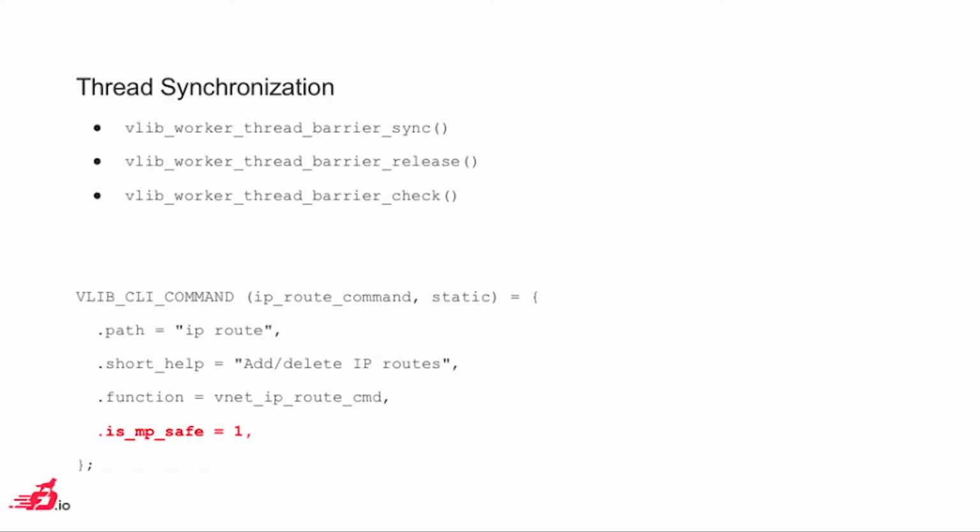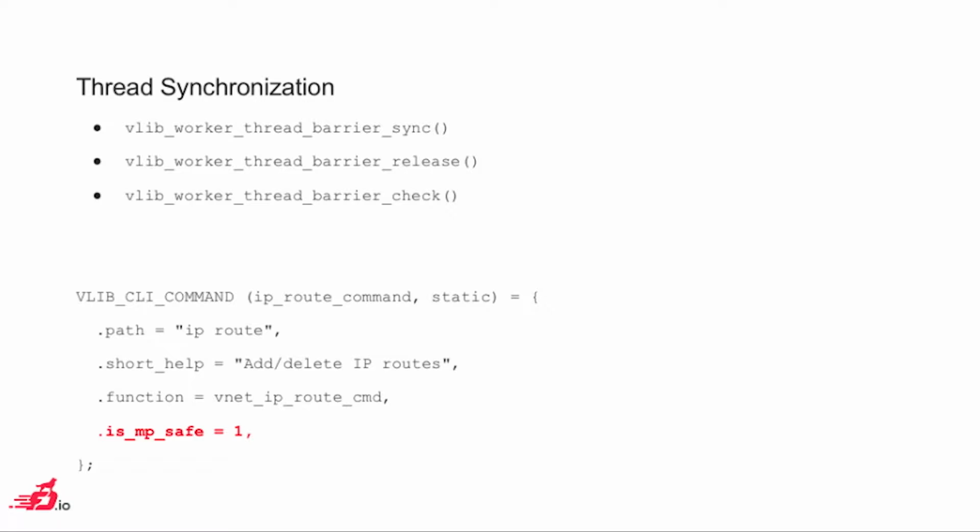In other words, if the main thread wants to update the data structure, it will basically call barrier check. Check will basically try to stop all the worker threads. It will stop them. You will update what you need to update. And then with release, you will release worker threads and they will continue working.